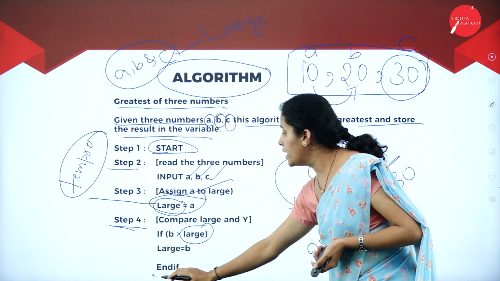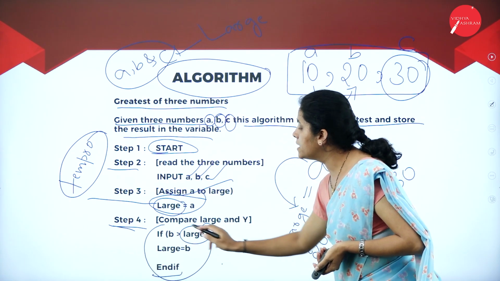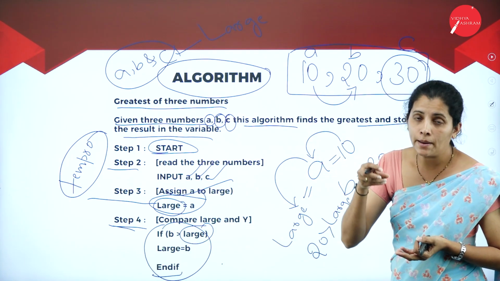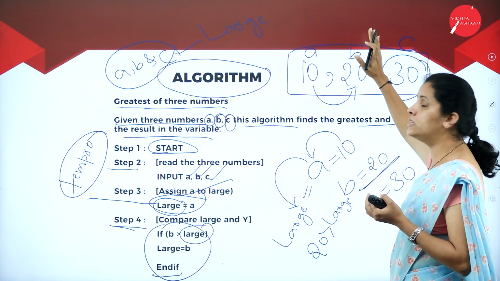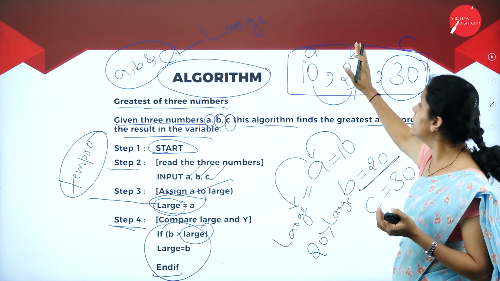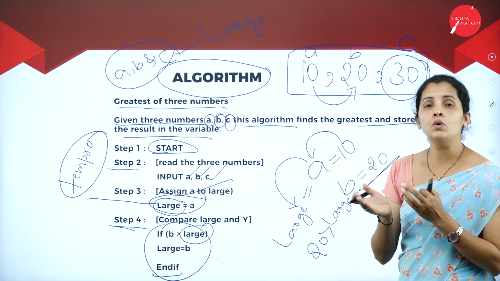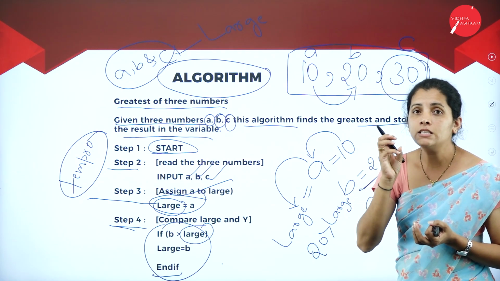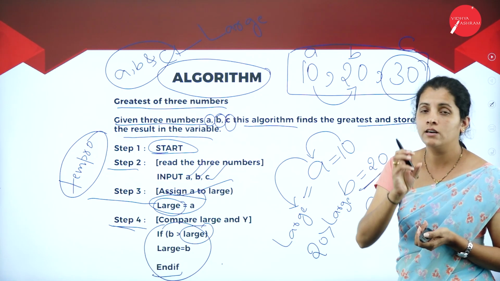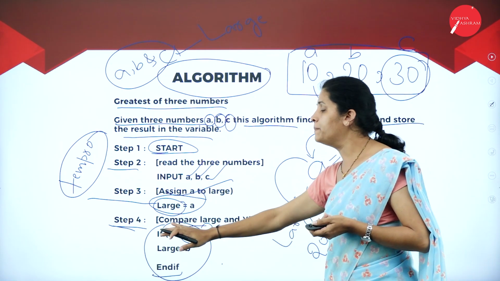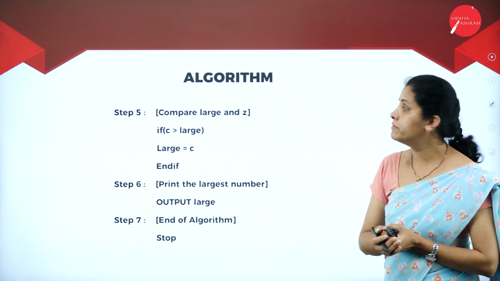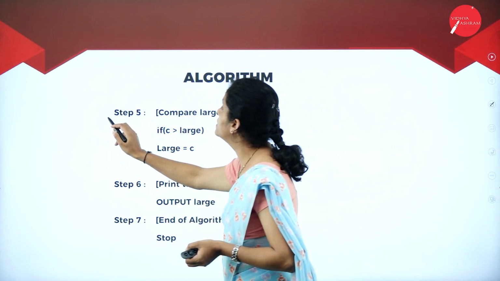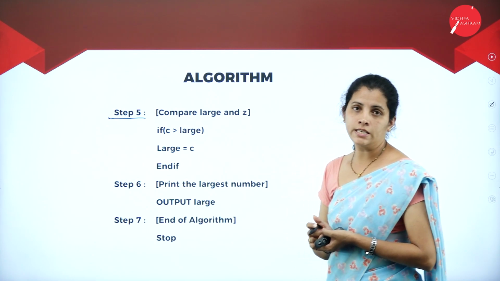And I'm going to end my if statement because this is my comparison. That means I'm going to compare the A value with the B value, and if it is true, I'm going to assign B's value to large and end my if statement. Moving further, I'm going to have the next step, that is the fifth step.